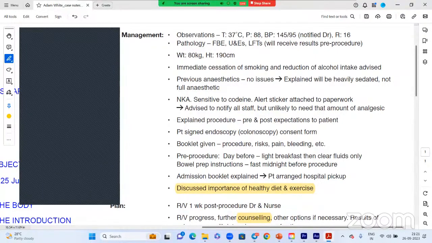So, both dietary and exercise regimens have been advised.